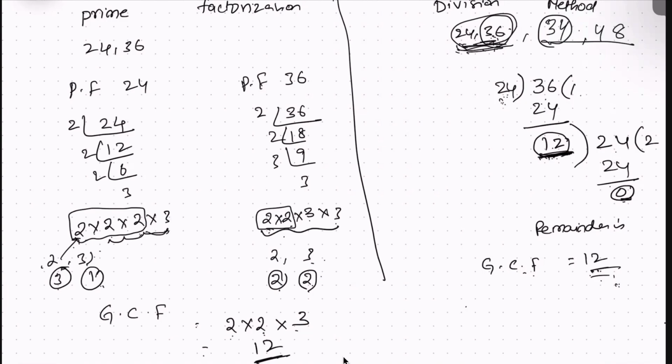So I think we're good with the GCF. Let's move on to LCM. LCM is abbreviated for least common multiple. In the beginning of this chapter we discussed multiples: multiples are the numbers which are divisible by the given number.